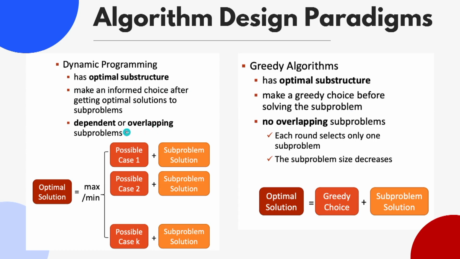In the dynamic programming approach there will be sub problems that are all overlapping in nature, whereas in the greedy approach those sub problems are not at all overlapping. So, at every iteration or round we will be selecting only one sub problem, and the sub problem size will be decreasing thereafter. So, this is one of the differences between the dynamic programming approach and the greedy approach.